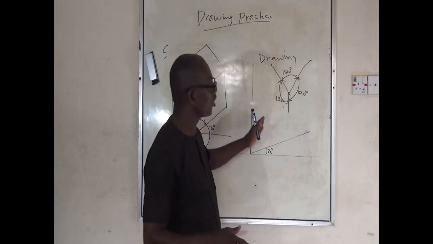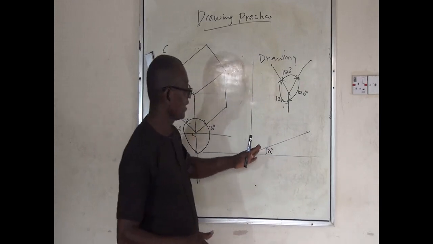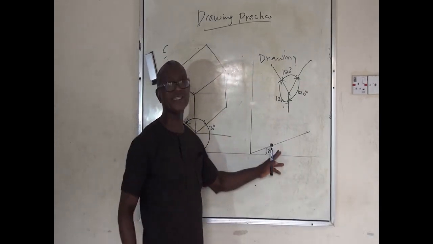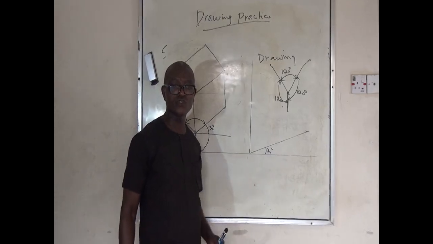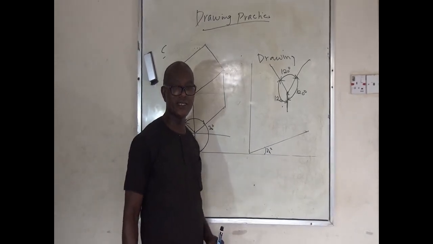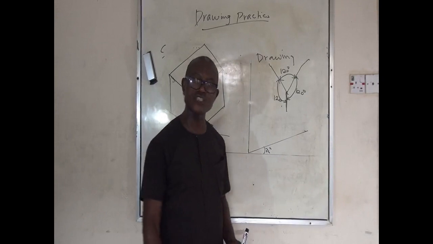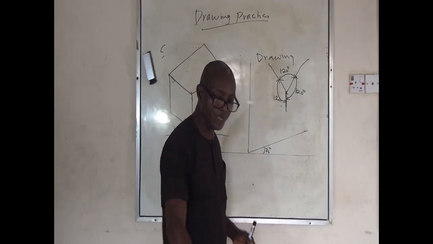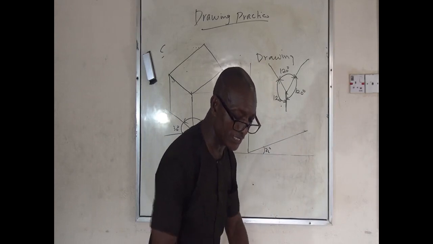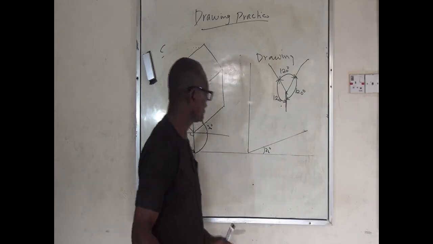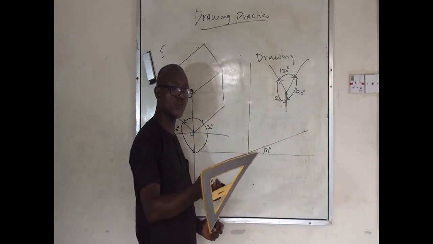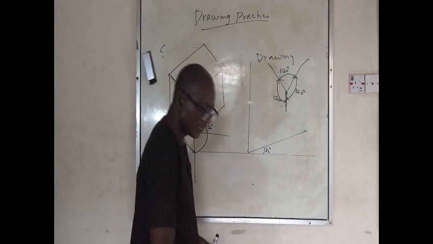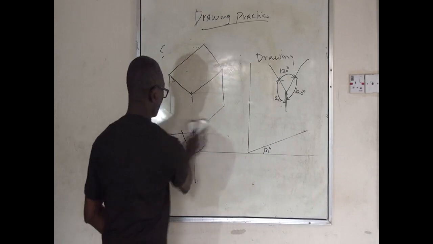And in this case of the oblique, the difference is that while the isometric is at 30 degrees to the horizontal, the oblique drawing is 45 degrees to the horizontal. What do we mean by 45 degrees to the horizontal? Now, in this case, you'll be using your 45 degree set square.